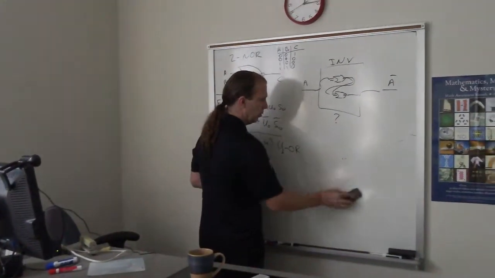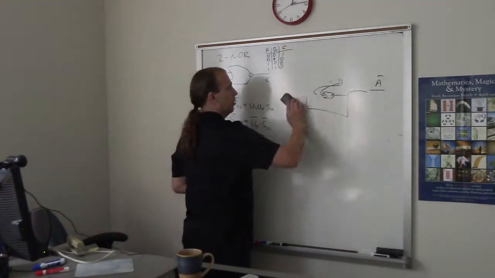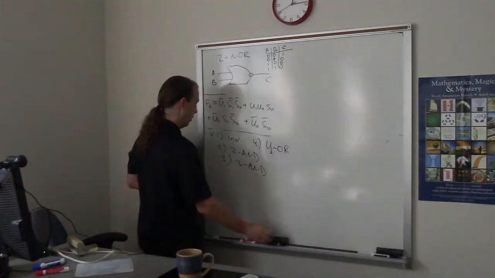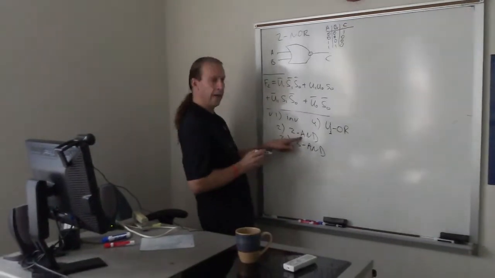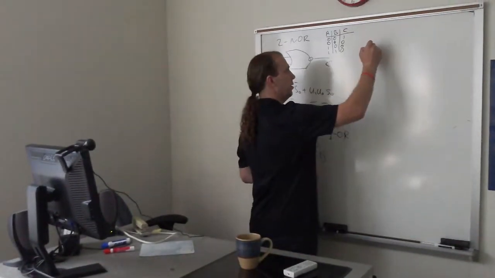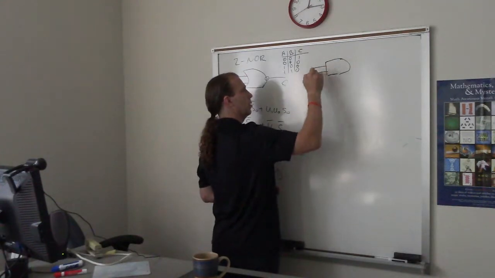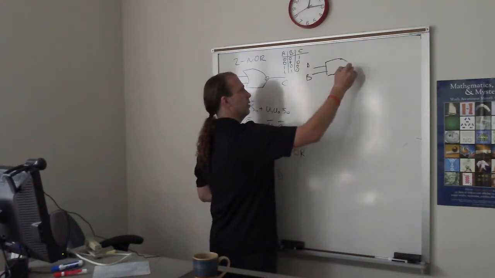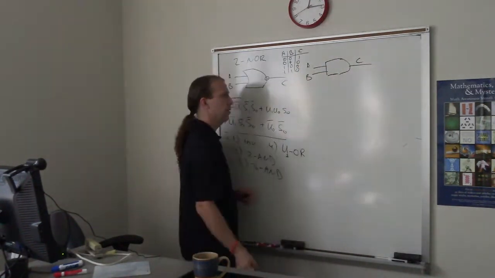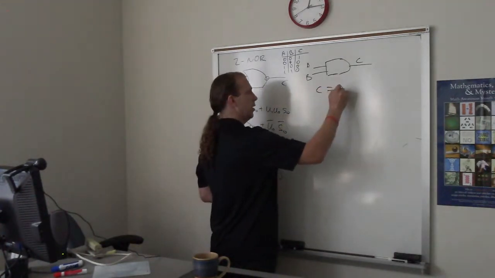What about, for example, 2 AND? 2 AND is depicted like this: A, B, and then C. And we say C equal to AB.